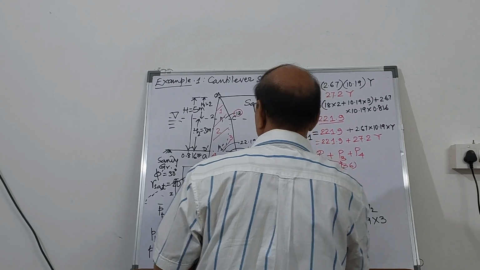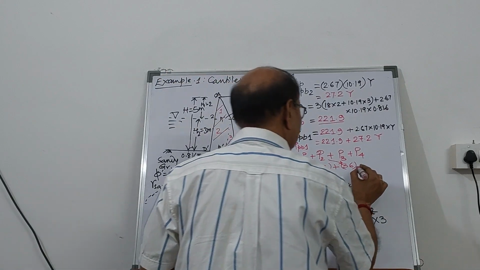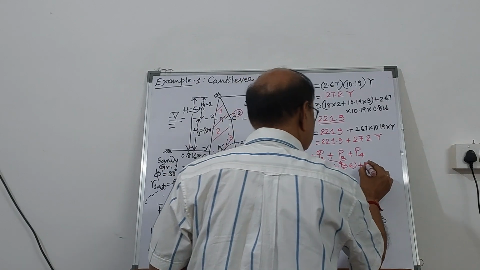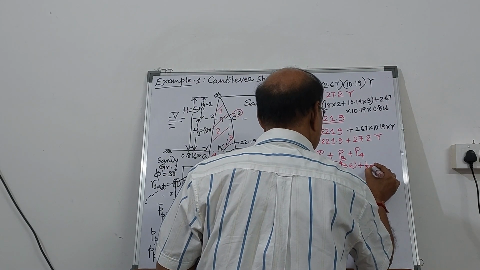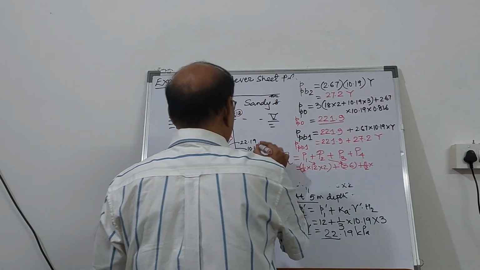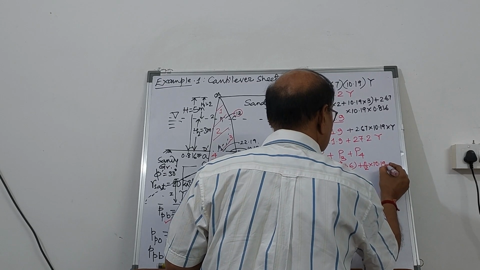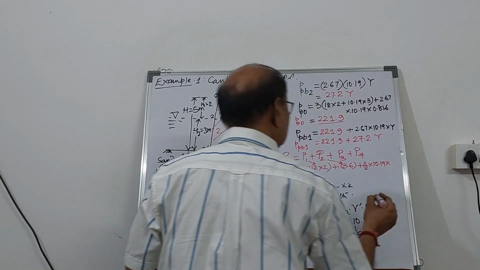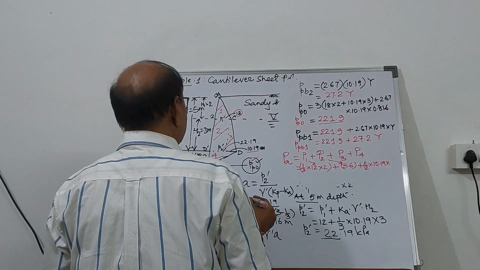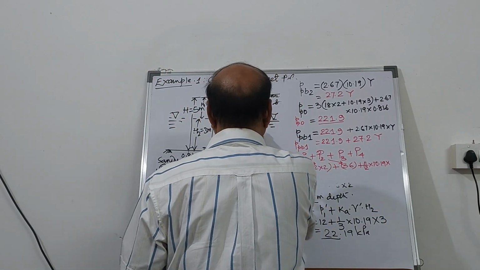Now P3 will be half multiplied by base, which is 10.19, multiplied by 3 meter. So half into base into height.